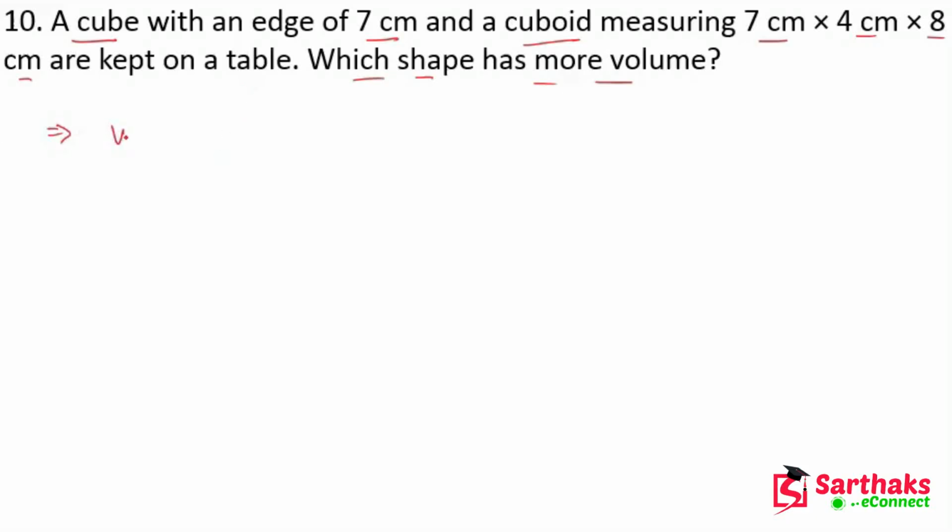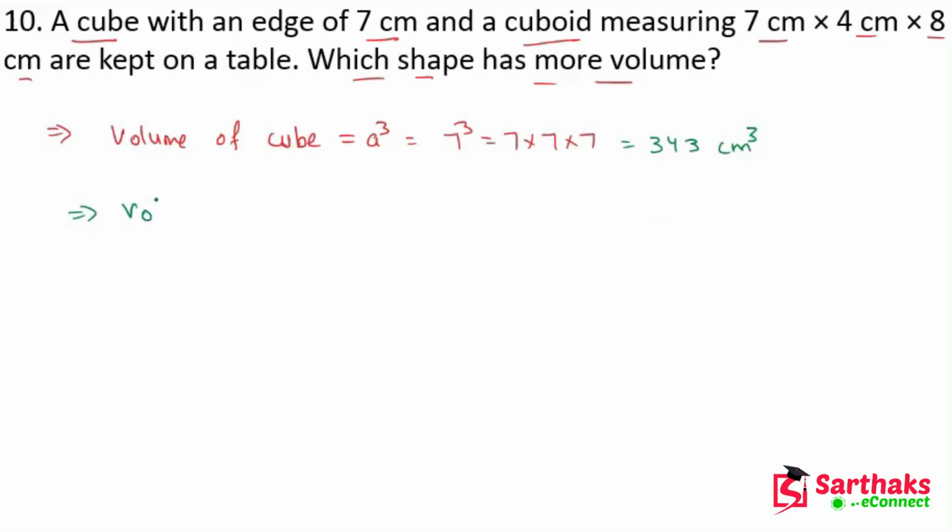So first of all, volume of cube. Volume of cube is equals to side cube, and side is 7. So here is 7 cube. It means 7 into 7 into 7. So this is equals to 343 centimeter cube.